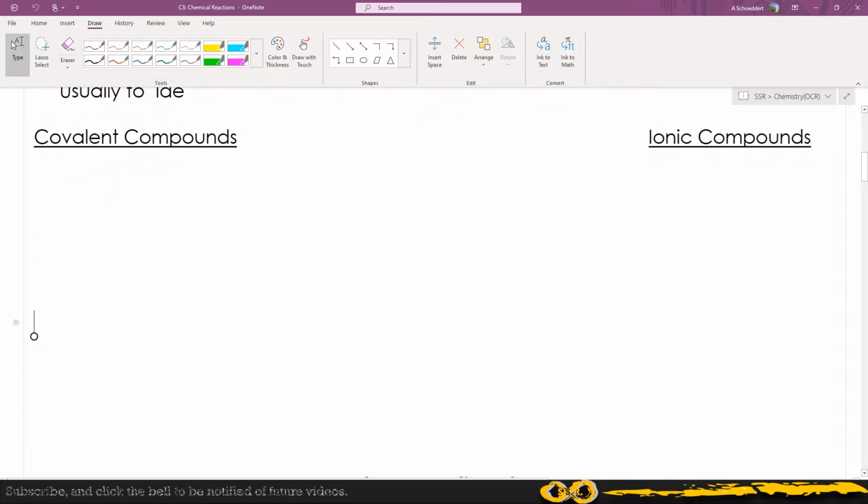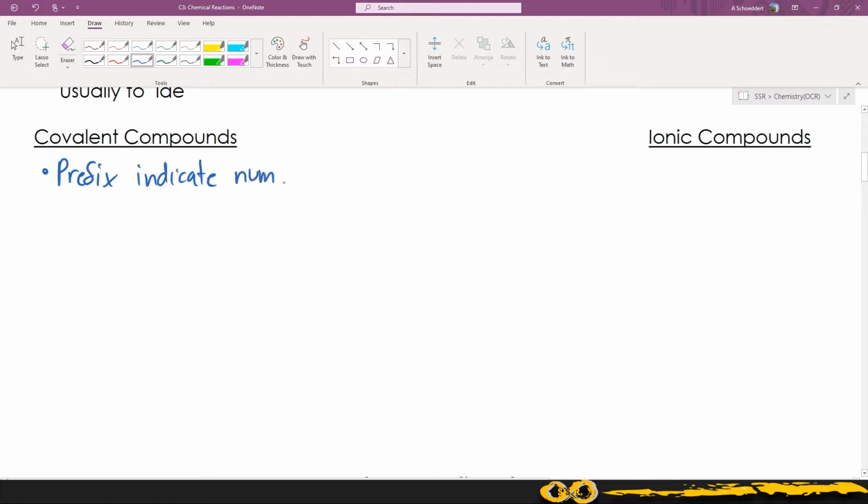Let's talk about how we go about naming our compounds. Covalent compounds first. In these, we use the prefix to indicate the number of elements that are present, or rather the number of atoms of each element. The prefix mono will indicate that there is one atom.